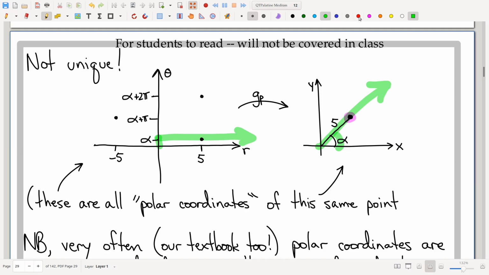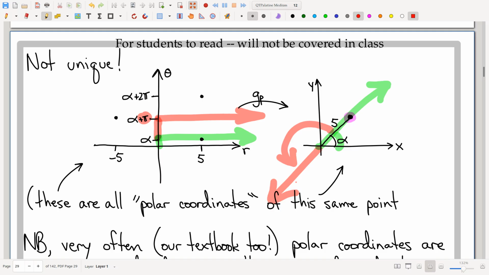Notice, though, if you were to add pi to your angle, let's just think through what happens if you add pi. Well, pi is a half turn. That, therefore, gets me going in a direction that is what I'm going to call wrong, right? But if you think about it, the fact that it is exactly wrong is actually kind of convenient, right?